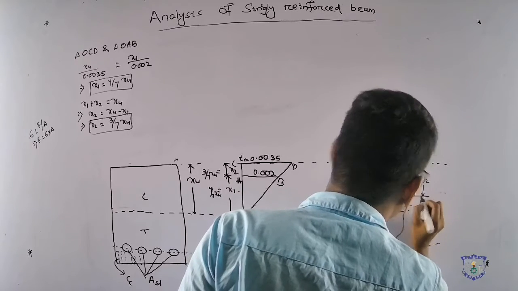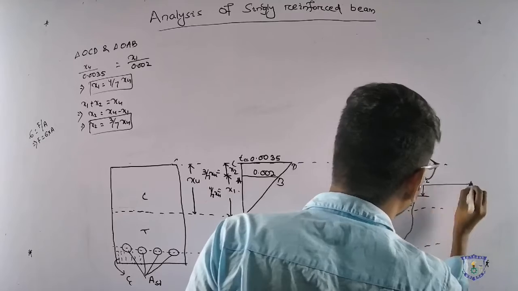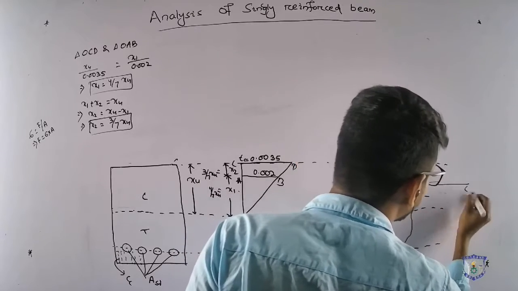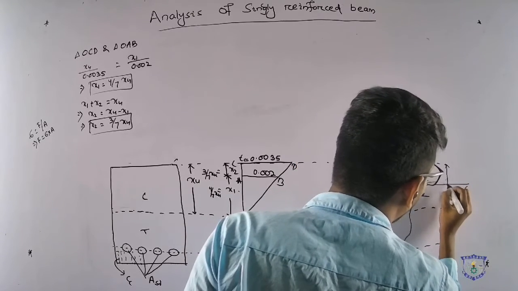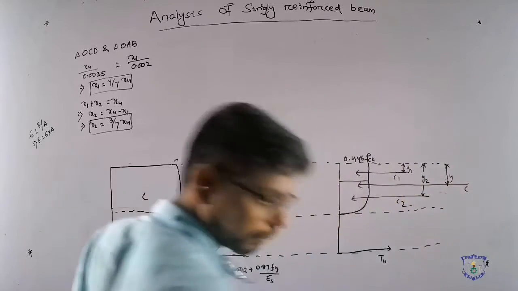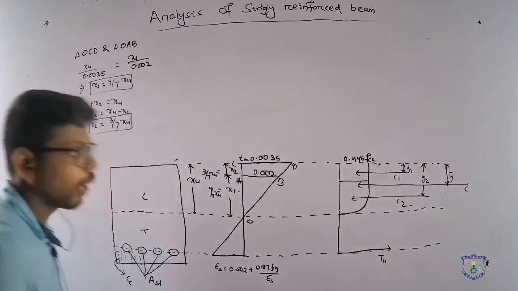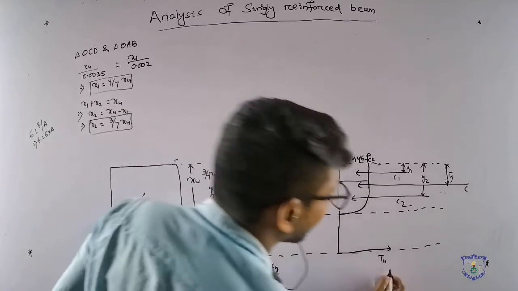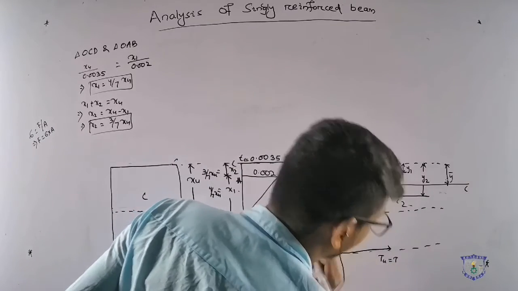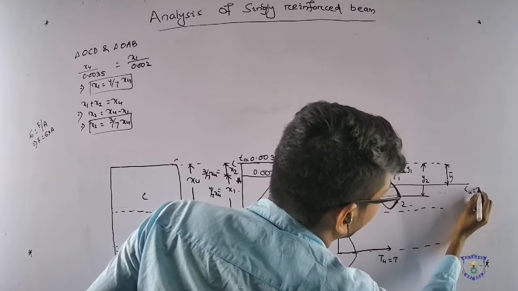The average compressive force will act here. This is known as letter C, at a distance of Y bar from the top fiber. By using the center of gravity method, we can find out the average stress. This is the other force Tu, also known as T. This is Cu, also known as T.